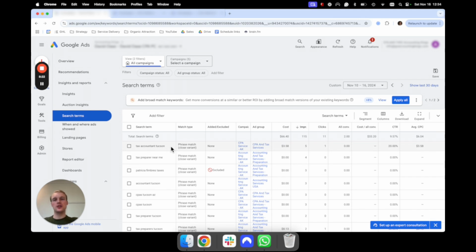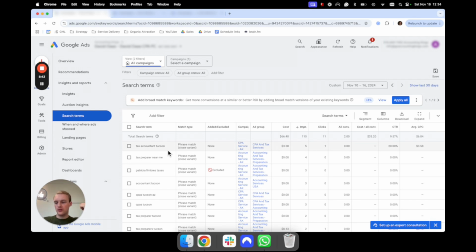So if you put, for example, cheap tax preparation for individuals in your negative keyword list, you will not show the ads to people that make those types of searches. A negative keyword list is extremely important because you will exclude impressions that you don't want to convert. So you will get better leads.